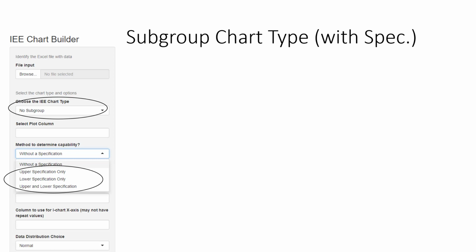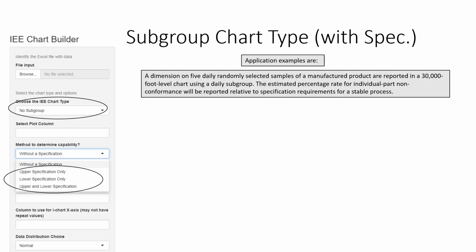Subgroup chart type with specification. Application examples are a dimension on 5 daily randomly selected samples of a manufacturing product are reported in a 30,000 foot level chart using a daily subgroup. The estimated percentage rate for individual nonconformance will be reported relative to specification requirements for a stable process.